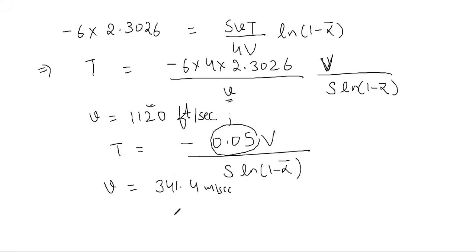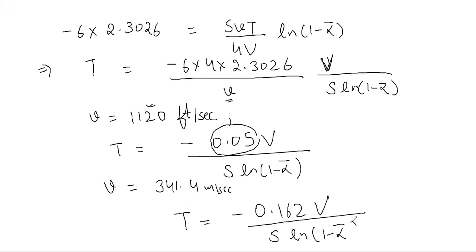And then if you calculate your T, it would come out as minus 0.162 V upon S ln of 1 minus alpha. Again, it is obvious because you are taking your velocity in meter per second. This means that here your volume has to be in meter cube, surface area has to be in meter square.